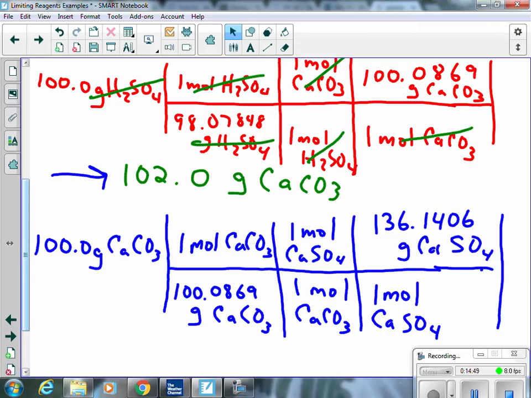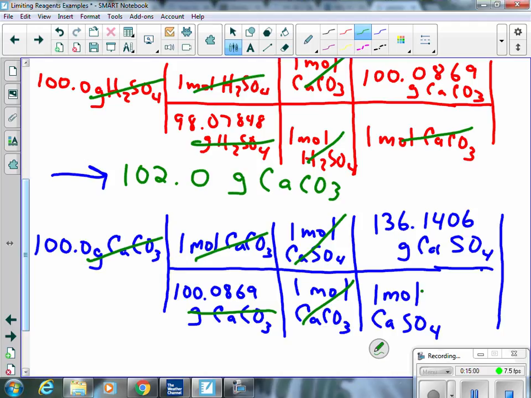So I have my problem set up. Once again, I've got to go through and check my cancellations. Calcium carbonate, calcium carbonate, calcium sulfate, calcium sulfate, is made with grams calcium sulfate, which I was trying to find. Once again, I go through.